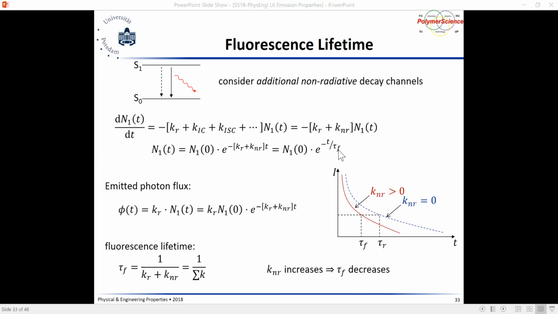This TF includes all the radiative processes and all the non-radiative processes. And so the fluorescence lifetime now is 1 over a sum of radiative and non-radiative channel contributions.